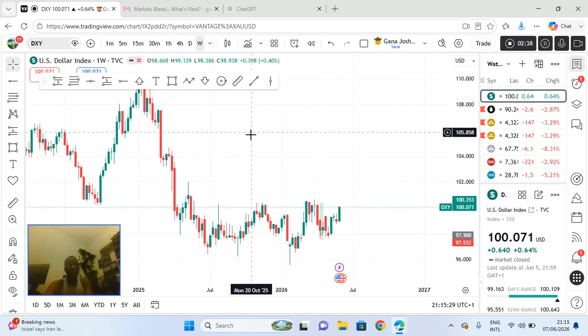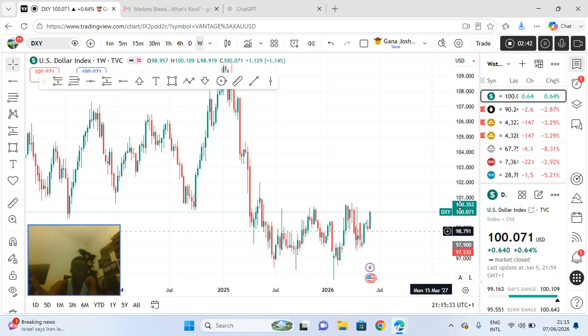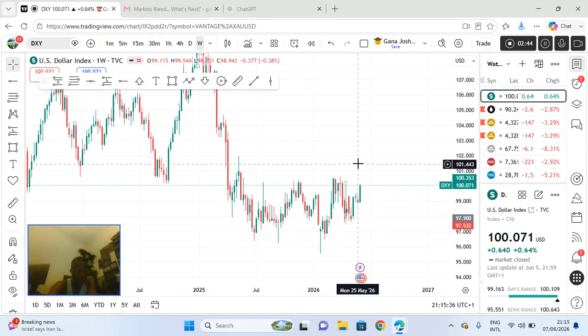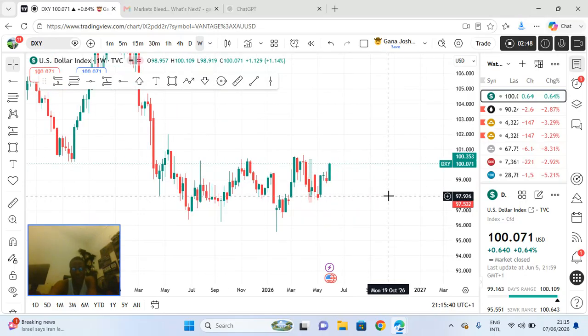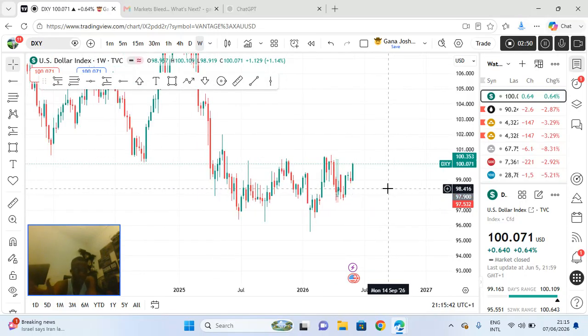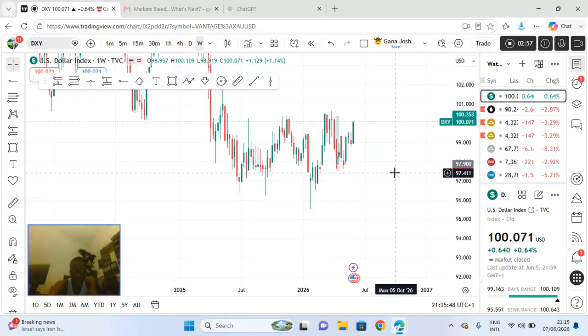You know how we do it, we start from the weekly time frame. That's how we start building our ideas. You can start from daily if you want, but I like the weekly for a broader perspective.